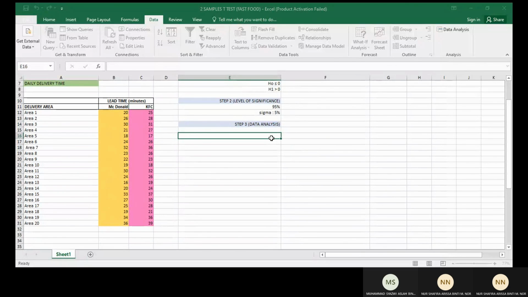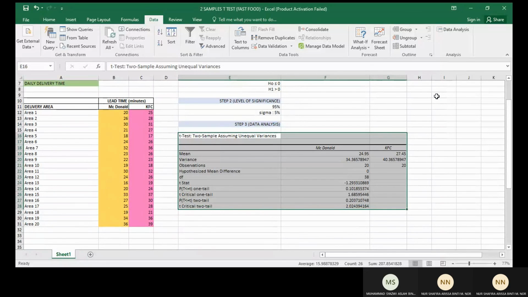Okay, I chose E16, and then I click OK, and the data automatically will show up in your Excel.